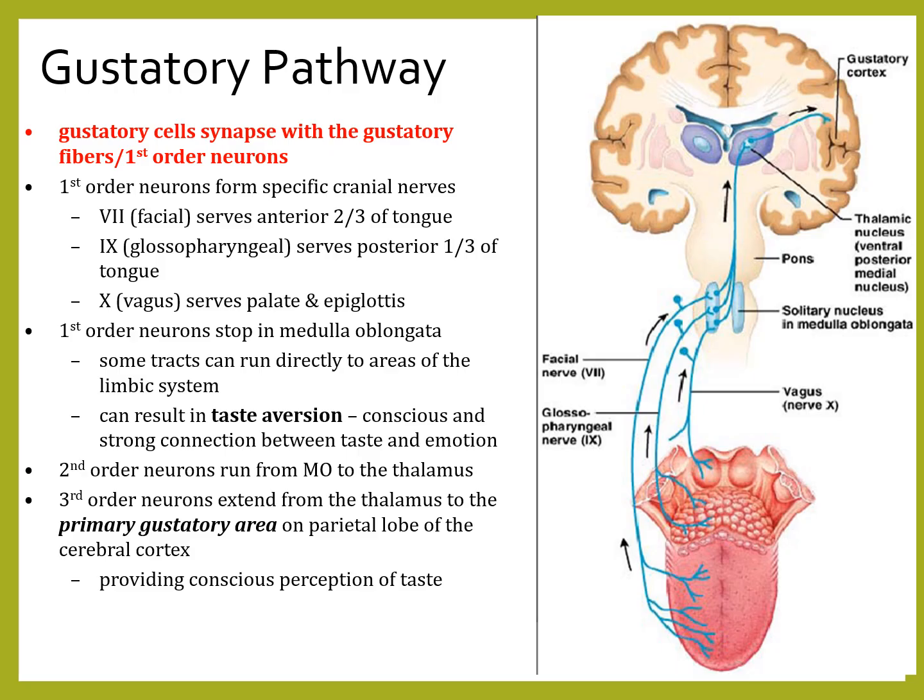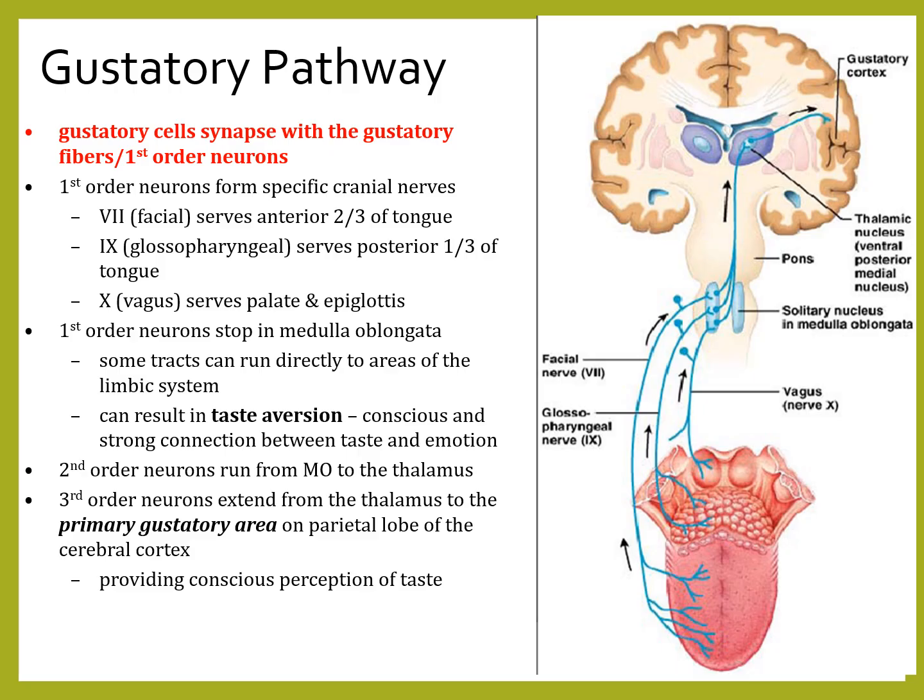Cranial nerve 7, which is the facial nerve, is going to serve the taste buds found on the anterior 2/3 of the tongue, so the front 2/3 of the tongue. Cranial nerve 9, or the glossopharyngeal nerve, is going to serve the posterior third of the tongue. And cranial nerve 10, which is the vagus nerve, serves taste buds found in the palate and even as far down as the epiglottis. These first-order neurons are going to come into the brain stem, and they are going to stop at the medulla oblongata.